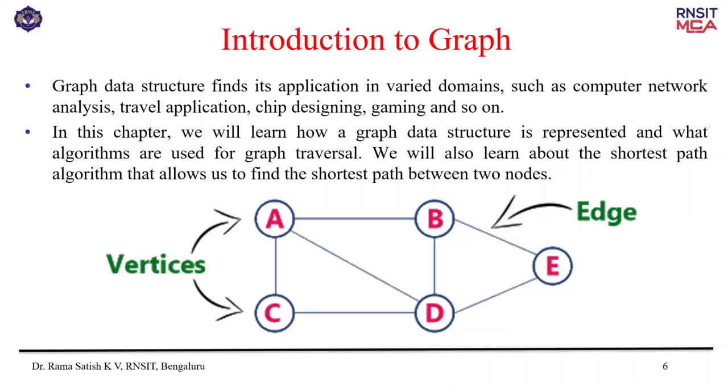The graph data structure finds its application in a variety of domains, especially in computer networks and network analysis, travel applications, microprocessor chip design, gaming, you name anything. So graph data structure is very much used. In this chapter, we will discuss all these concepts, which are very essential for your career.